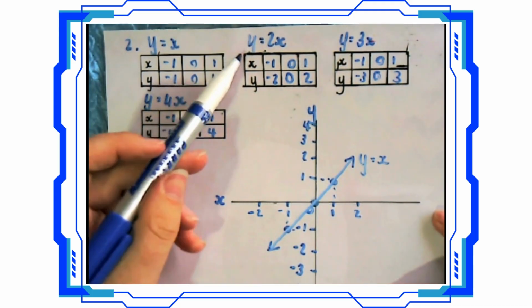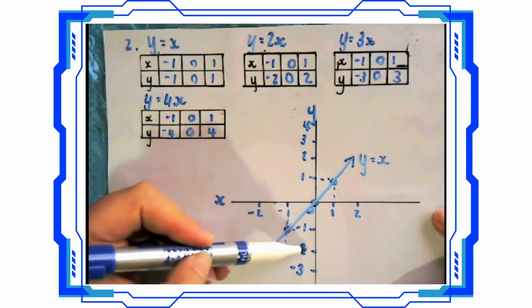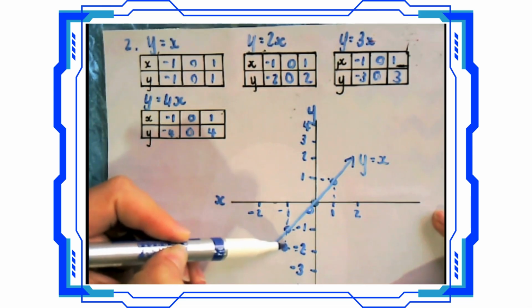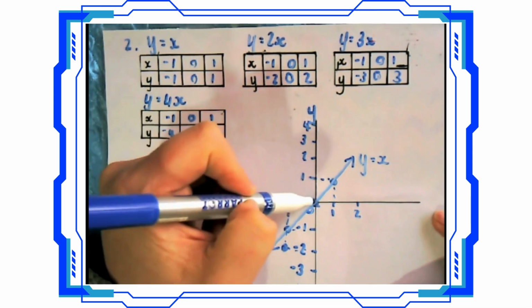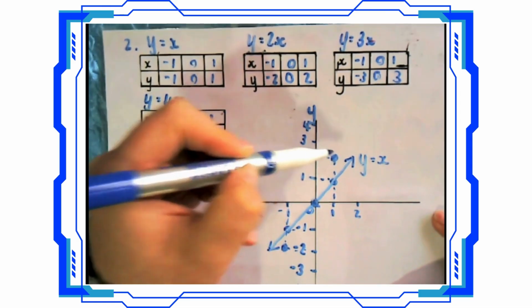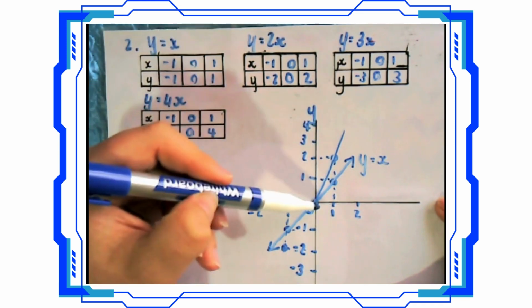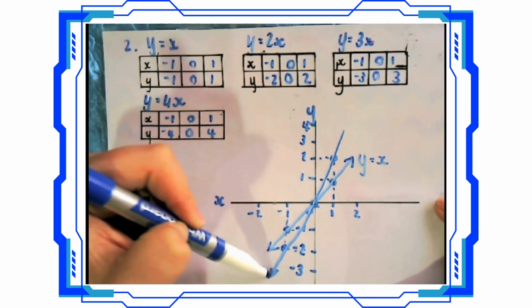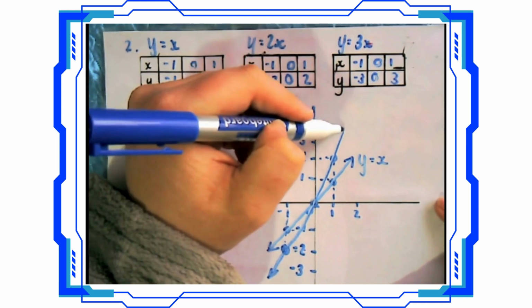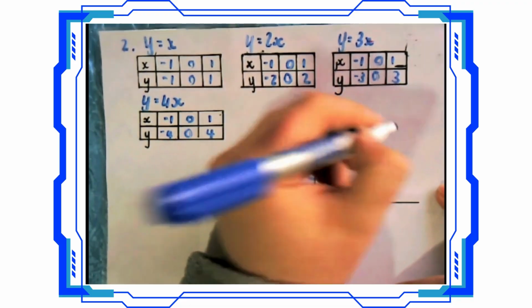Then the next one, y equals 2x. So by -1, my y value is -2. Where they meet, I make a dot. Again, 0, 0, 1, 2. Okay, then I have 3 dots. I just draw the line. Remember, yours is going to be a straight line. Okay. Next to the line, I write the equation.